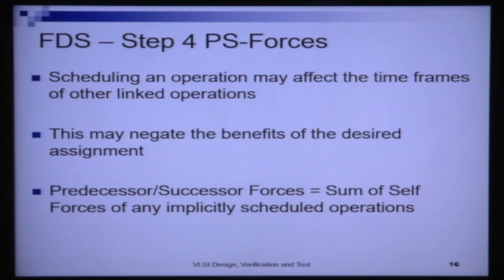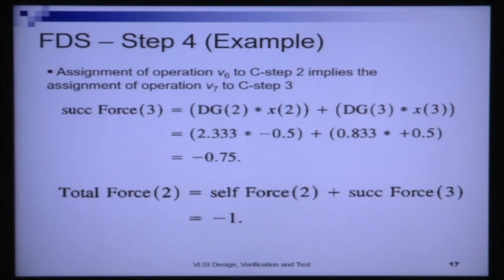So, the predecessor successor force is the sum of the self forces of any implicitly scheduled operations. What does this tell me here? Assignment of operation V6 to C step 2 implies the assignment of operation V7 to C step 3, as I was saying. Now, what is the self force of V7 when it is scheduled on C step 3?